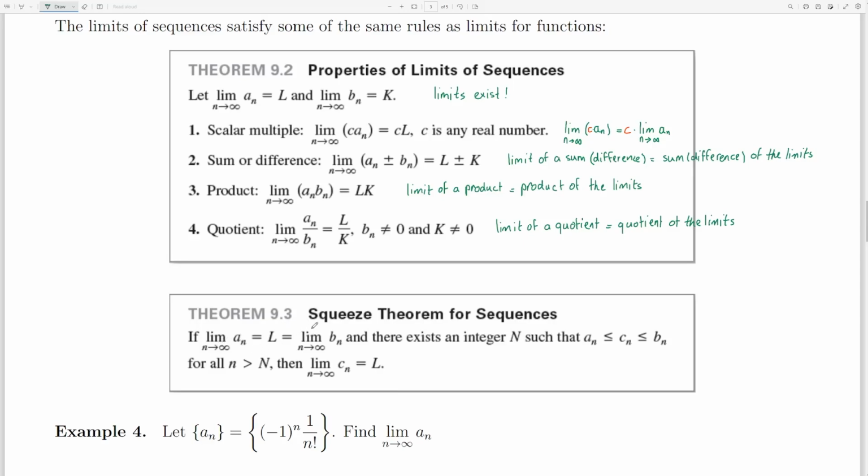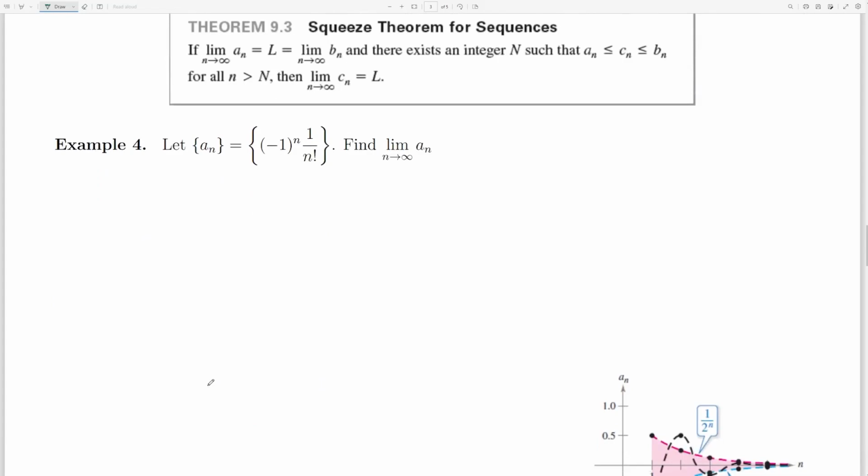If you have two sequences, a sub n and b sub n, that both have the same limit L, and there exists an integer capital N such that the sequence c sub n is squeezed between a sub n and b sub n for all little n greater than capital N, then the limit of the sequence c sub n also equals the limit of the sequences a sub n and b sub n, namely L. Let's take a look at an example of how we apply that.